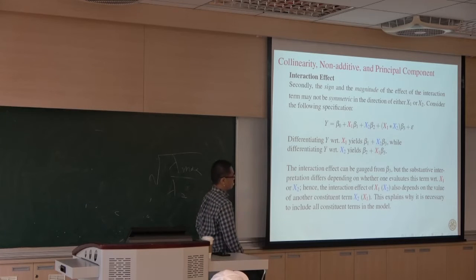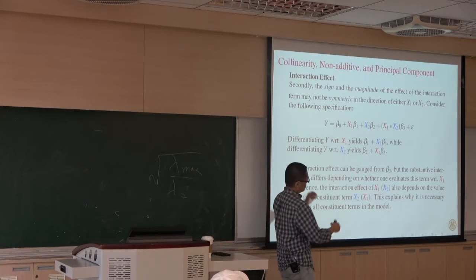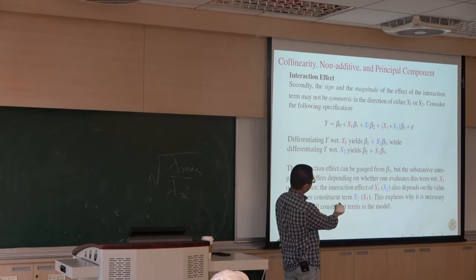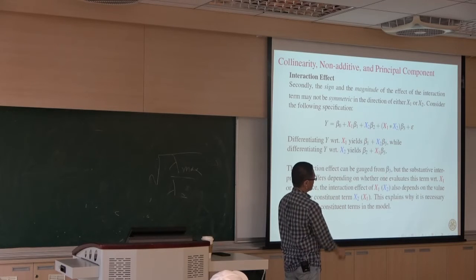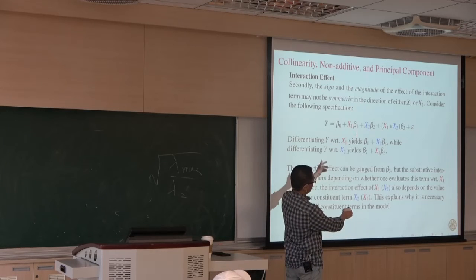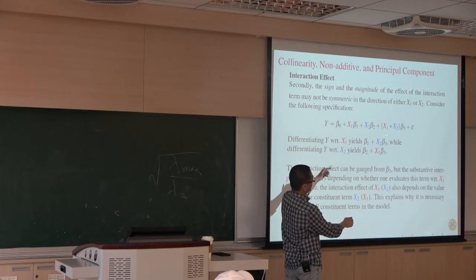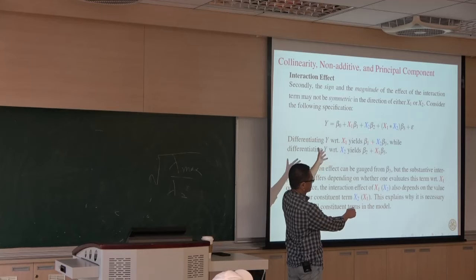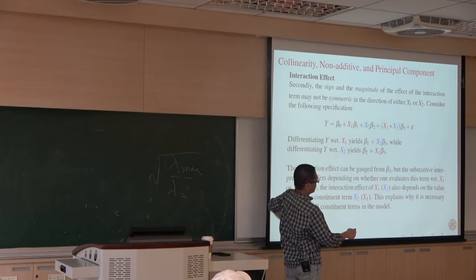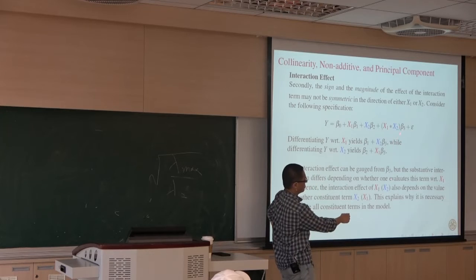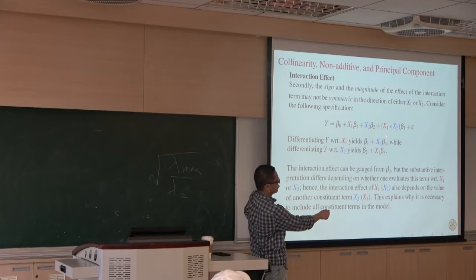Let's actually try this out. For example, say we first differentiate y, in this equation, with respect to one of the terms. The first one is just x1. The second one does not contain the x1 term, so we just get that out, right? But for the interaction effect, it should be x2.